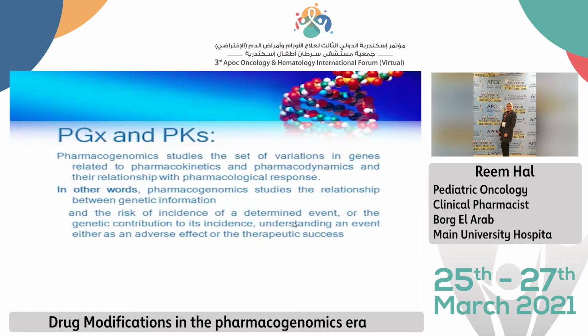Pharmacogenomics and pharmacokinetics relationships. Pharmacogenomics studies the set of variations in genes related to pharmacokinetics and pharmacodynamics and their relationship with pharmacological response. In other words, pharmacogenomics studies the relationship between genetic information and the risk of incidence of a determined event, or the genetic contribution to its incidence, understanding an event either as an adverse effect or therapeutic success.